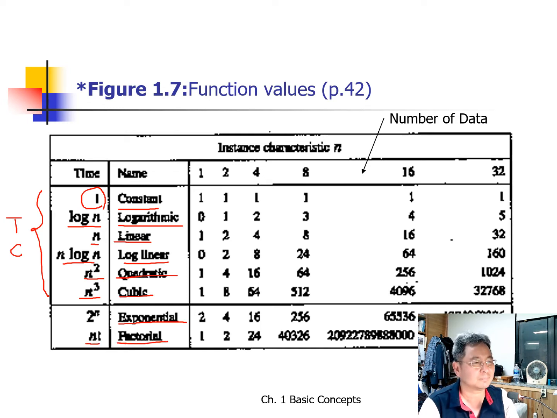also can exist. But how about this real instance of a data size, number of data? So if the number of data is small, 8, then there is not so big difference depending on this time complexity. But if data size becomes large, 32 is not so large, but if we only consider 32 data size, then exponential has very long time, and the factorial is much longer.